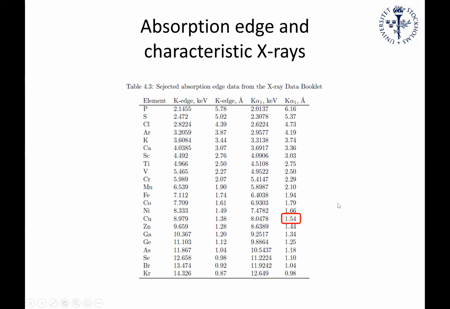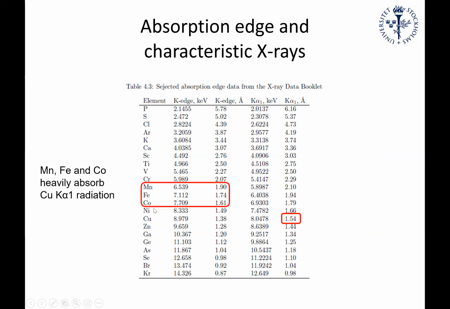Now, if you have a crystal sample that contains certain elements like cobalt, iron, and manganese, these elements are excellent at absorbing specifically copper K alpha radiation. This is the absorption edge of cobalt, iron, and manganese, and you see these are just above the wavelength of copper K alpha radiation.